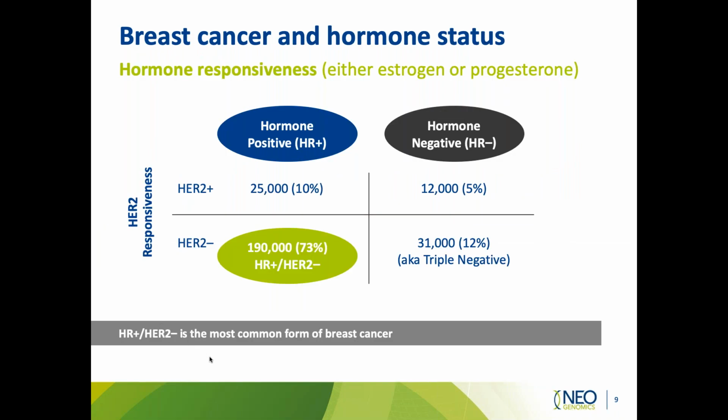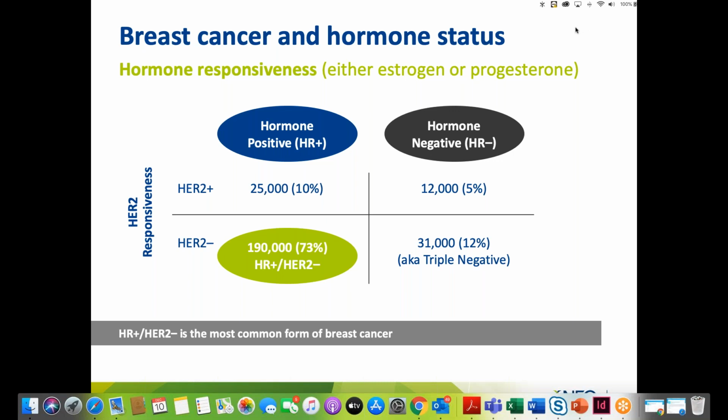Let's divvy up breast cancer by HER2 and hormone responsiveness. When I talk about hormone responsiveness through this entire talk, I'm talking about not only ER positive, estrogen receptor positive, but any tumor that's either estrogen or progesterone positive.